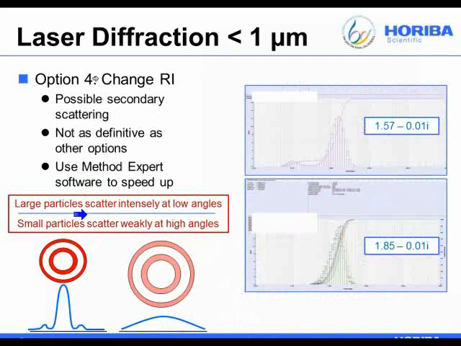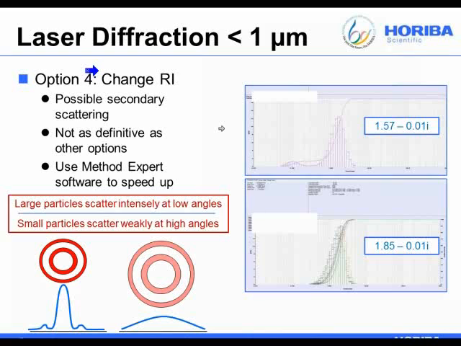Fourth option, and relatively unique to laser diffraction: change the refractive index that you're using. If you have a laser diffraction analyzer, depending on the wavelength of the light source, the longer the wavelength, your particle size distribution will become very insensitive to refractive index above some critical diameter.